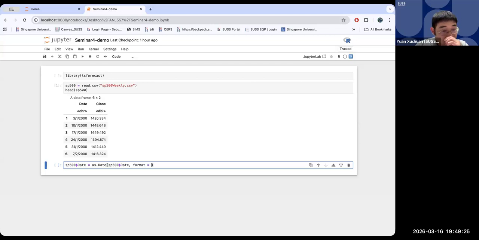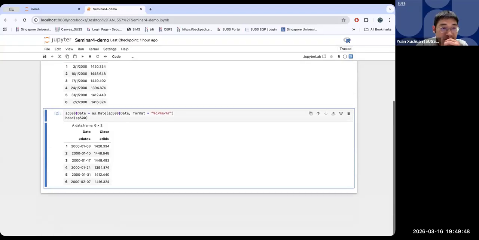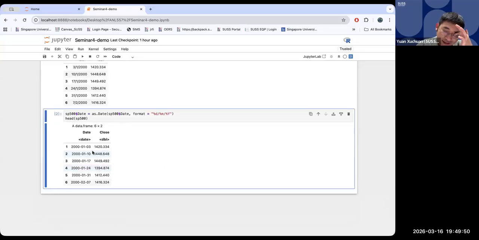It is day, month, and year. So we change the date into date format.